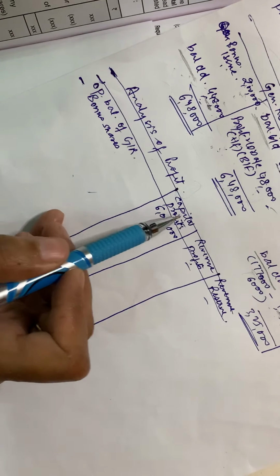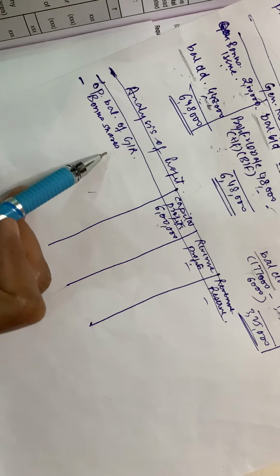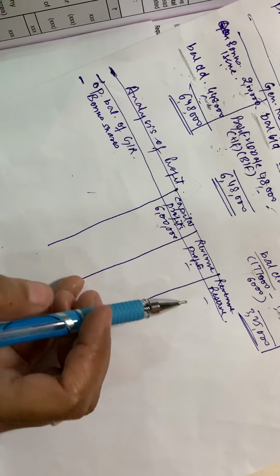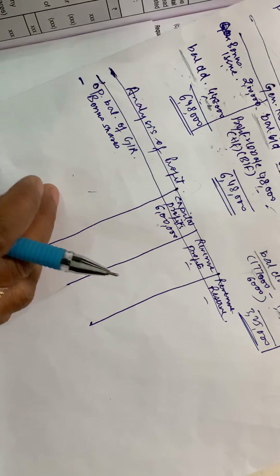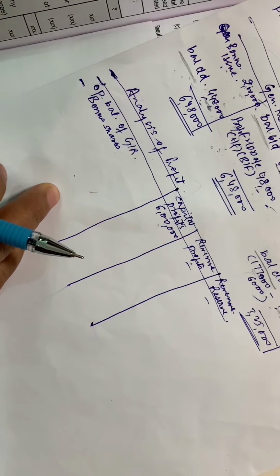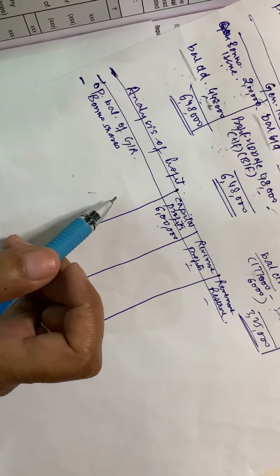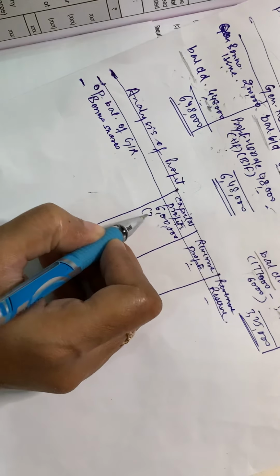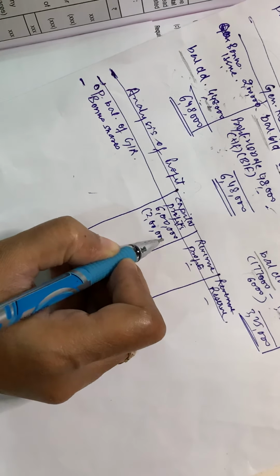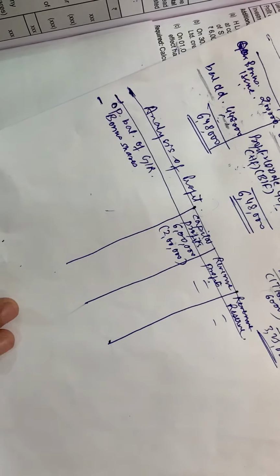So we'll reduce the capital profits from here, and we'll rather capitalize it while calculating your goodwill and capital reserve as well as your cost of control. Okay, so you have over here the amount of the bonus shares is 2 lakhs. So we'll reduce that from the capital profits.